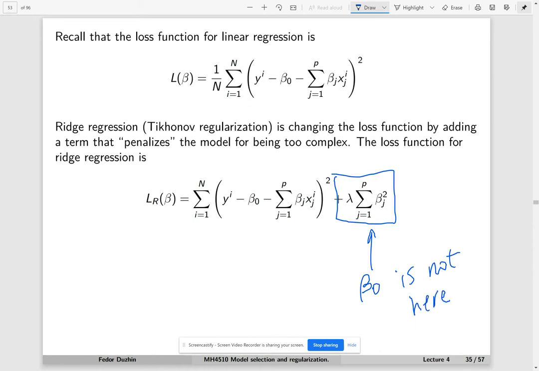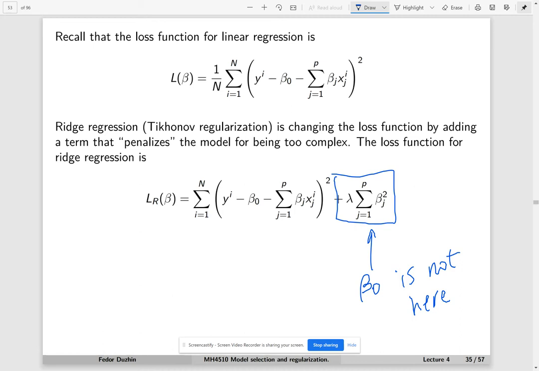The reason it is not here is because beta 0 is supposed to be just the expectation of our model, or the mean observed outcome.